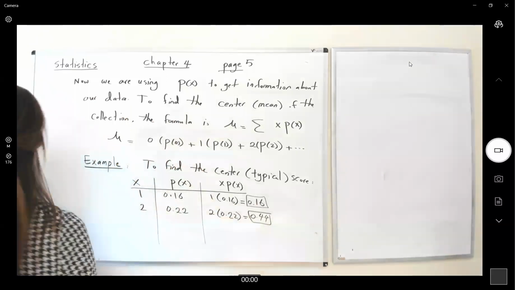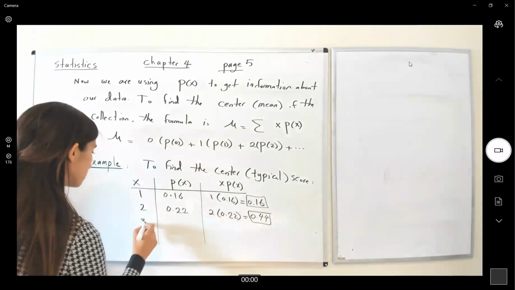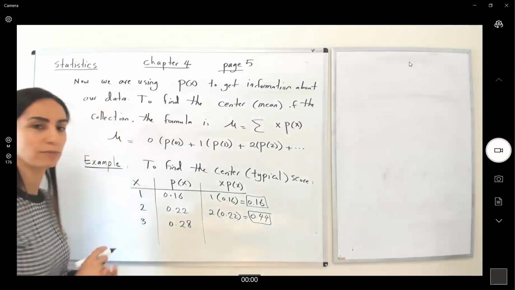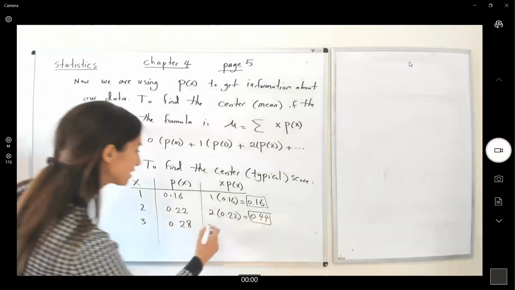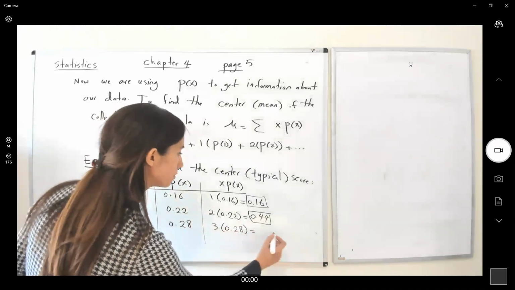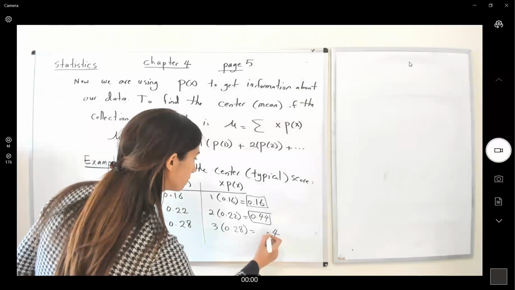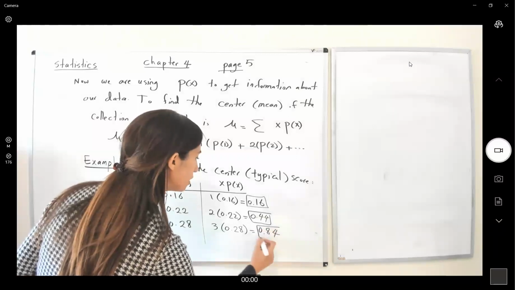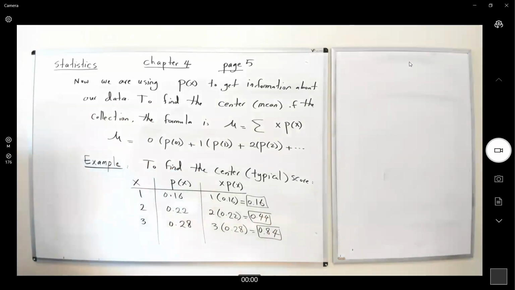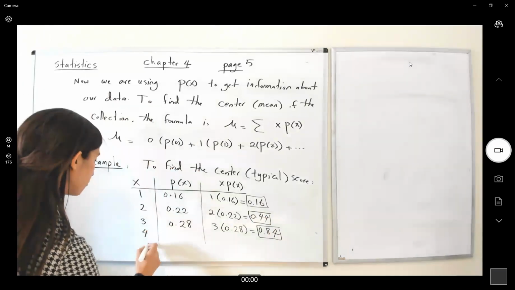Next x is equal to 3. Its probability is 0.28. 3 times 0.28 is 0.84. And finally, you have 4 and then 5.